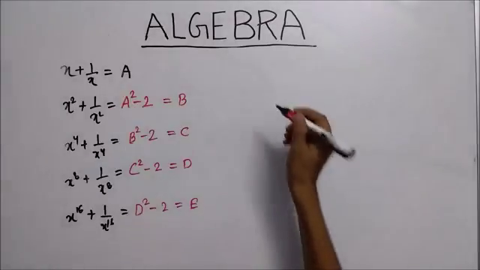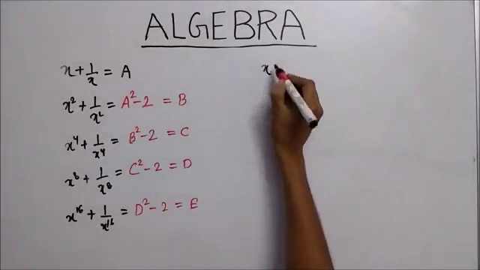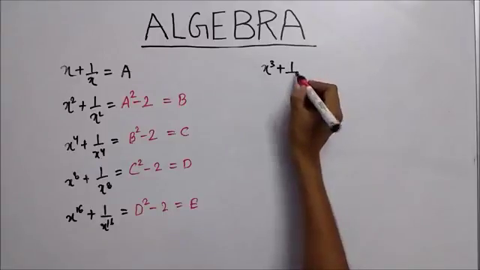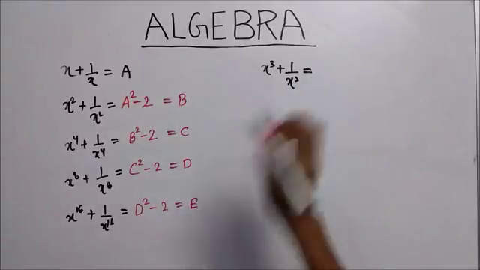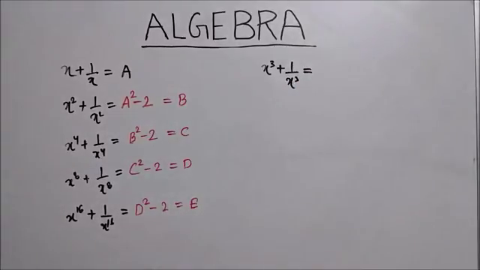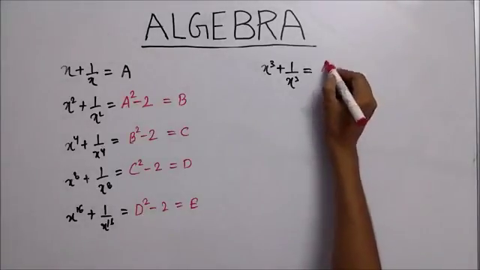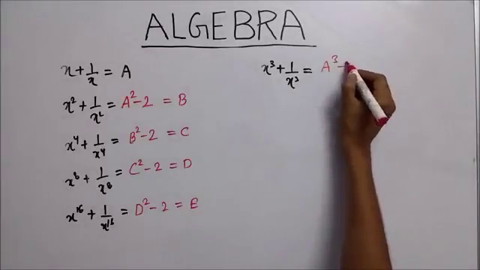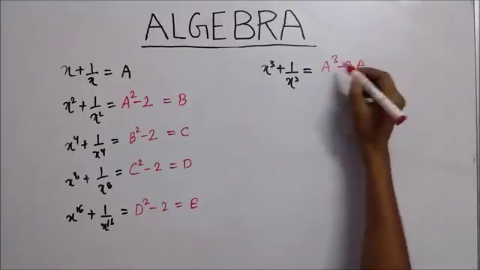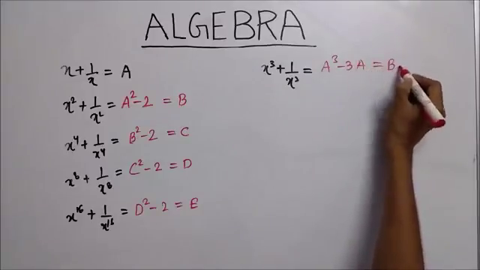Similarly, when you have to find the value of x cube plus 1 upon x cube, you already know the value of x cube plus 1 upon x cube is a cube minus 3a. Write this a cube minus 3a as b1.